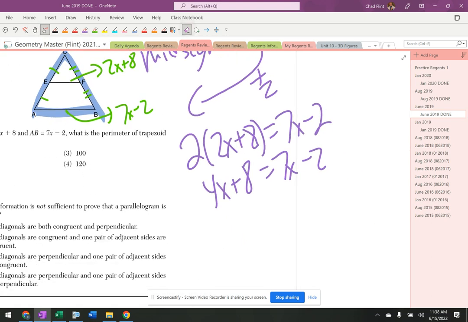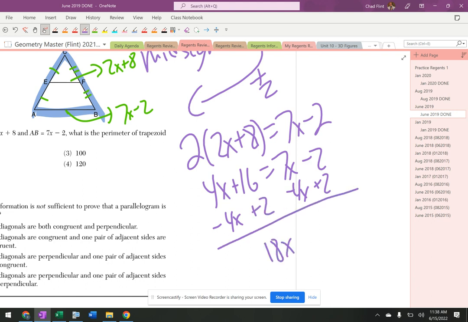All right, so it's 4x plus 16. Don't put 8. 4x plus 16. And I'm going to move the 4x, and I'm going to move the 2. And I'm going to get 18 equals 3x, divided by 3. And I get x equals 6.